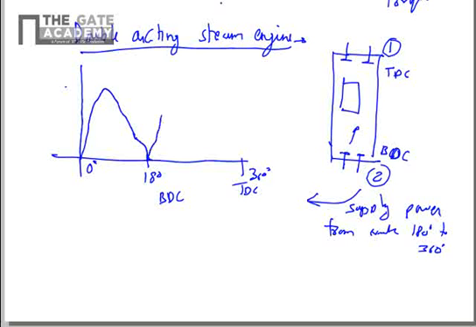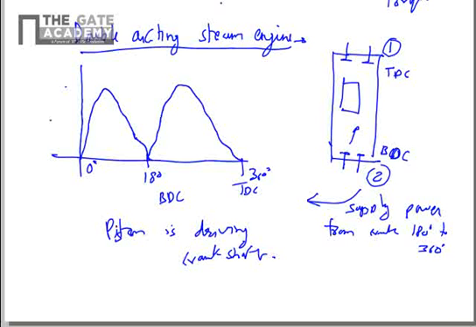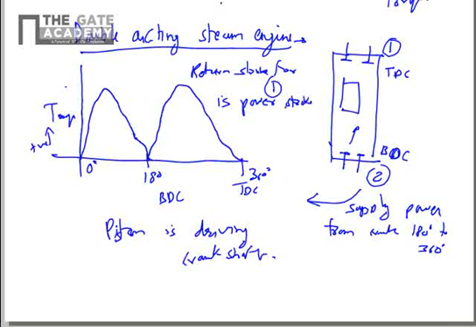So this time again the torque on the piston will be positive because the piston is driving the crankshaft. So in this case there is no negative torque. The torque is always positive, because the return stroke for side 1 is the power stroke for side 2.